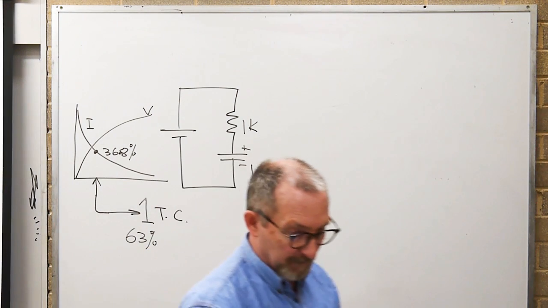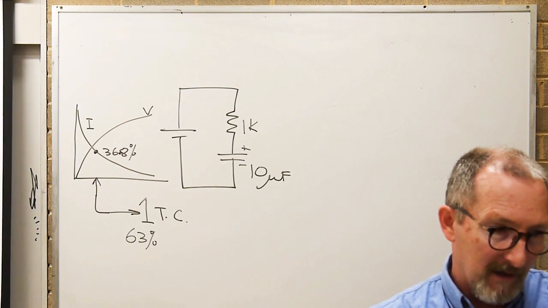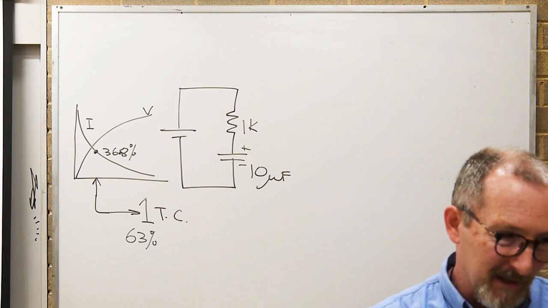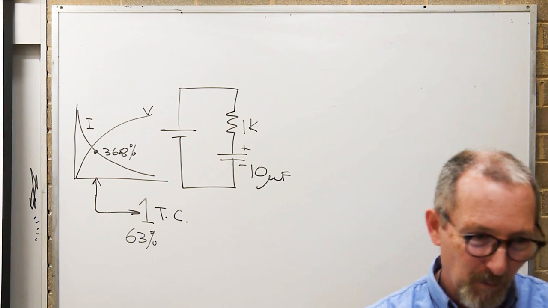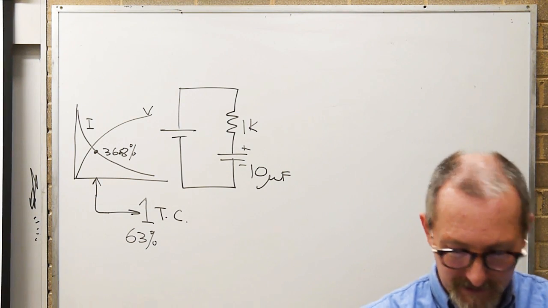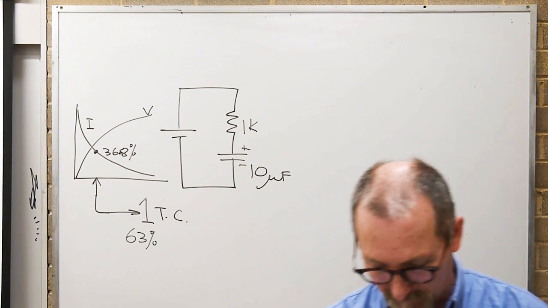The answer was B. The current hasn't dropped by 36%. The current has dropped by 63%, which leaves only 36.8% left in the circuit.